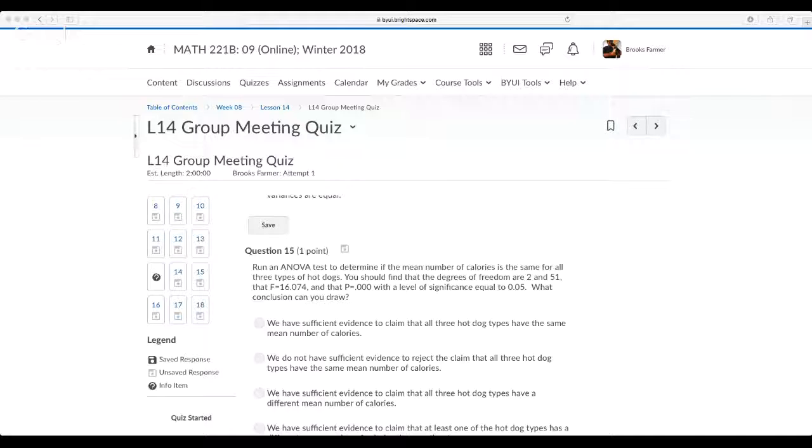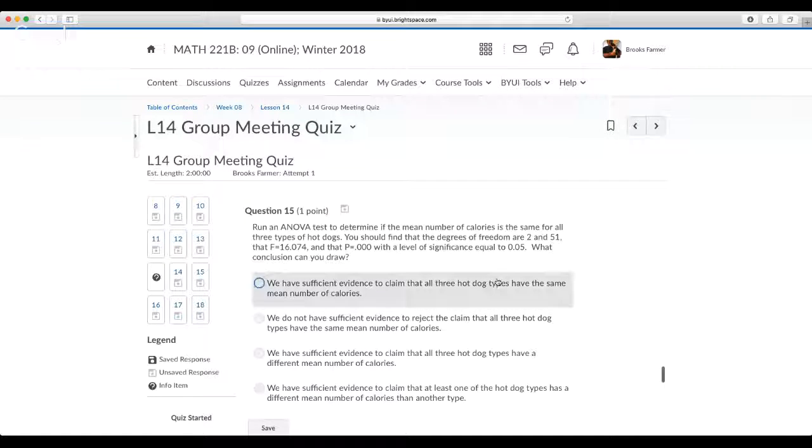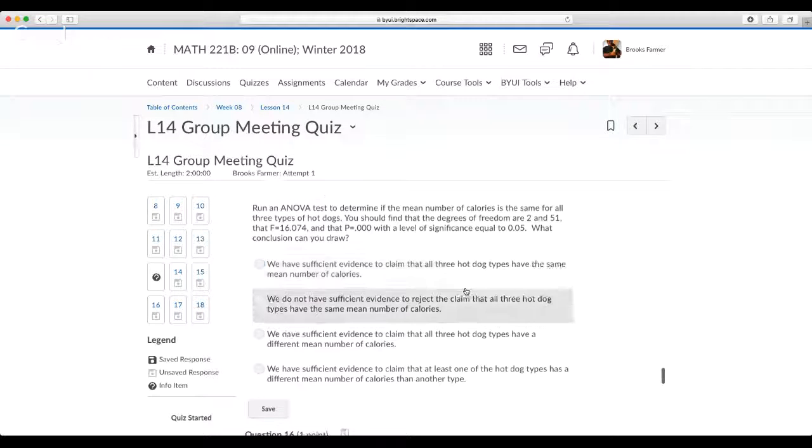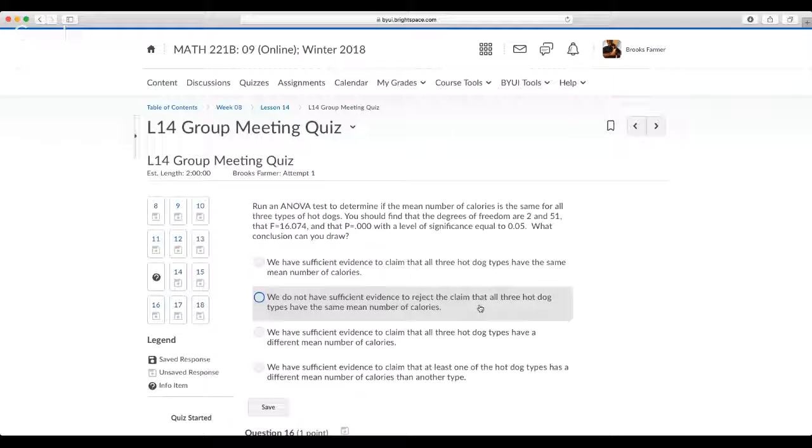Yeah, okay, I got all those numbers too. So, would it be A again? We have sufficient evidence to claim that all 3 hot dog types have the same mean number of calories. No, because aren't we going to reject the null hypothesis? Yeah, right, sorry. So we do not have sufficient evidence to reject the claim. No, that's not it.